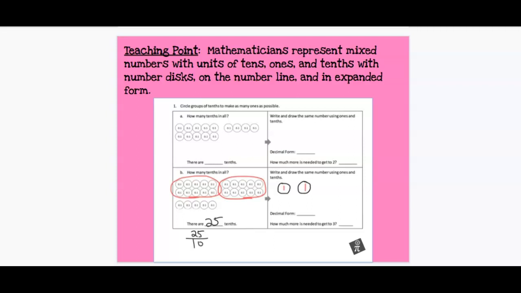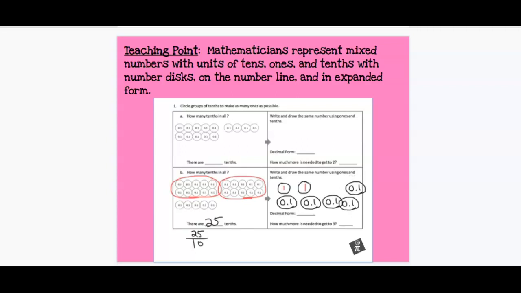And then what do we have left over? We have 5 tenths. So that 5 tenths, we're actually going to have to write that out. So we've got 0.1, and then there's no way to make that more condensed. So we just 2, 3, 4, 5. There we go. So there's our 1 whole.